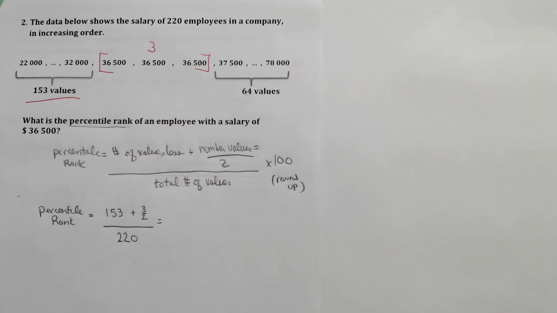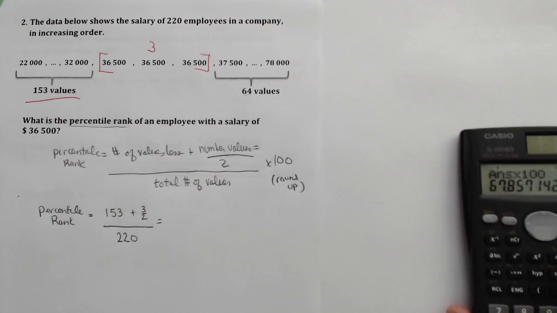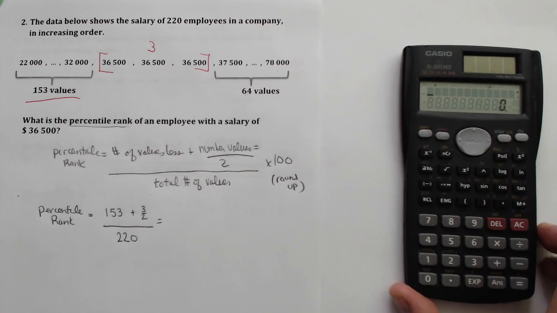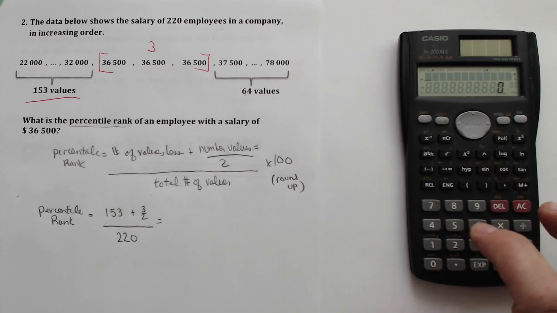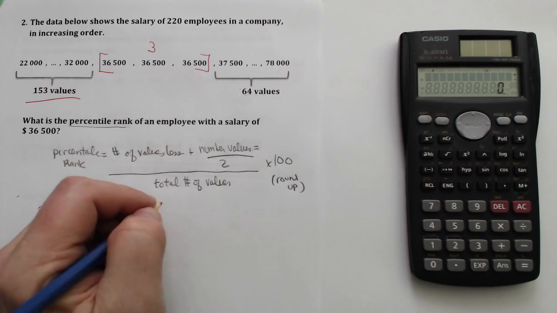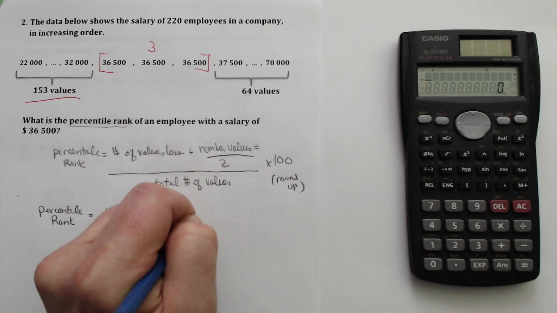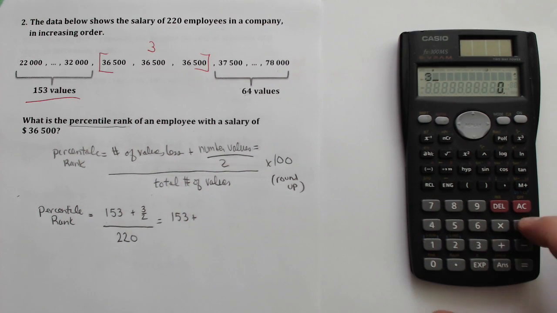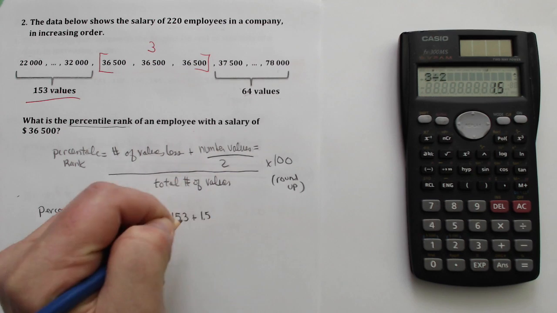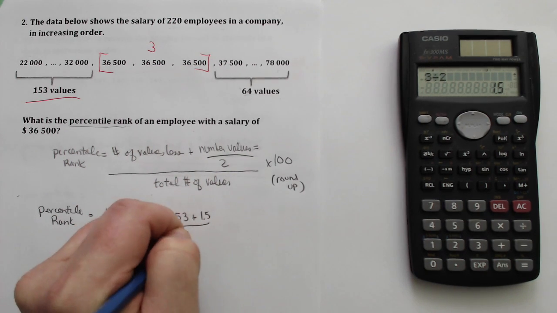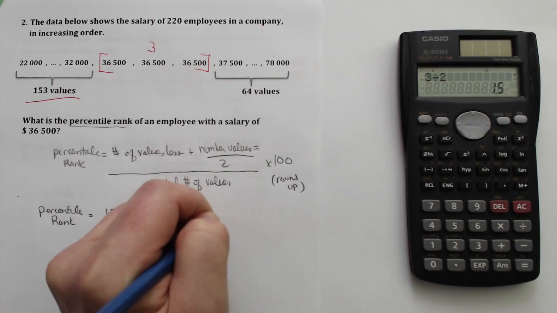And so all we have to do now is simplify this and round it off. Sorry about that, didn't have my calculator in the shot there. So I'm going to change that into a decimal. So 153 plus, we've got to go 3 divided by 2, which is going to give us 1.5. And then we're going to divide that by 220, which at the end will multiply.